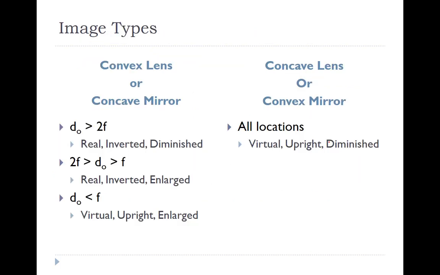So first off, I'm going to think about my convex lens or my concave mirror. Both of these are able to focus light to a spot. The concave lens or the convex mirror cannot do that on its own.